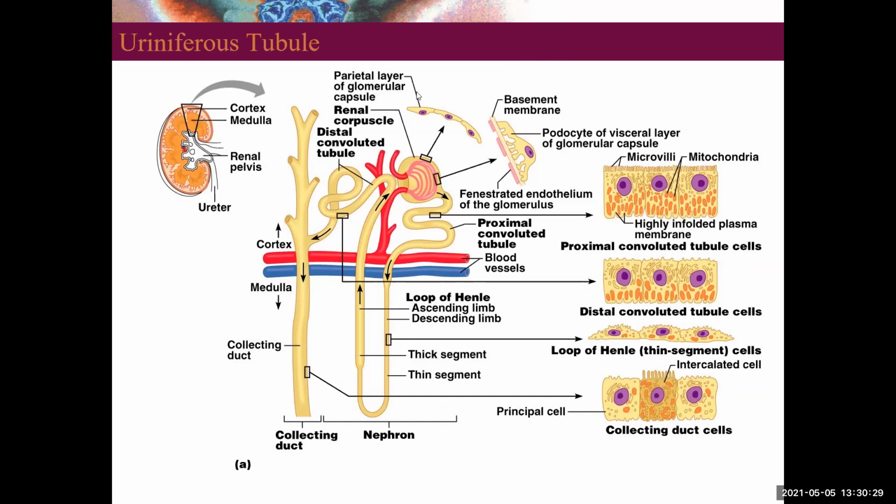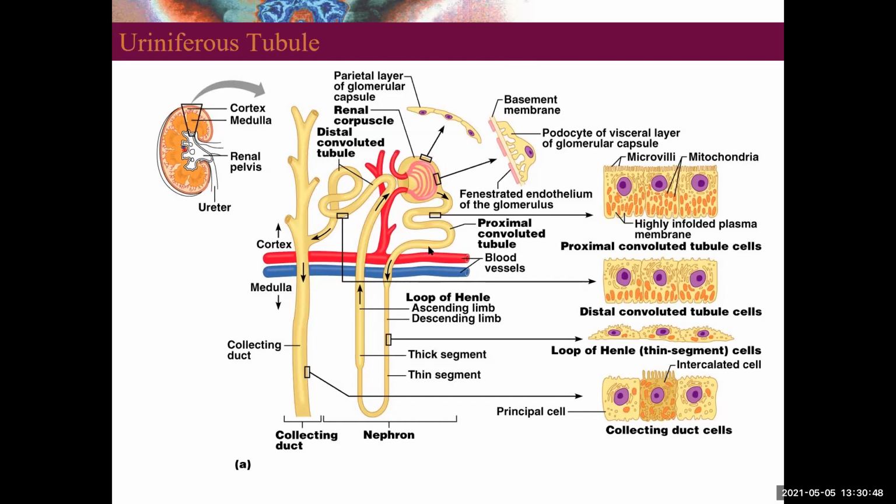Ali Robinson, are you here? Yes, I'm here. Okay, so in this diagram, you see here, we have glomerulus and we have the tubules.